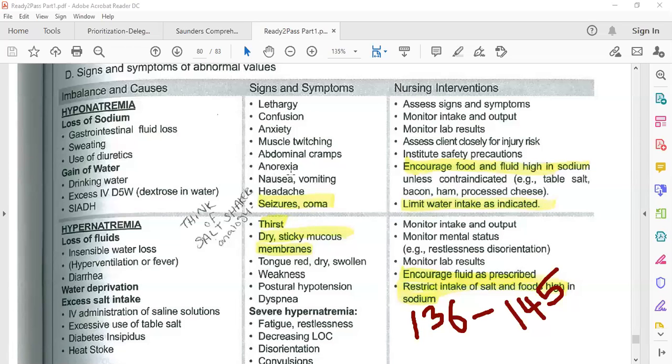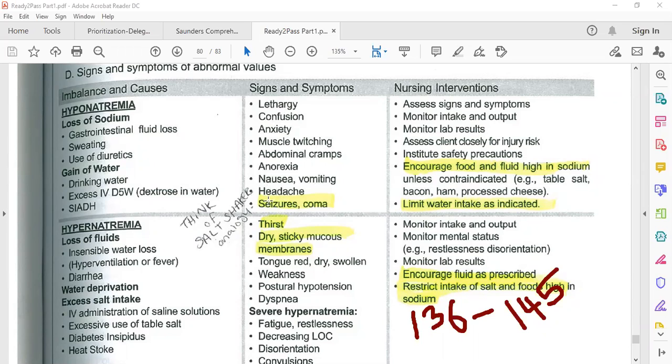The signs and symptoms of hyponatremia are lethargy, confusion, anxiety, muscle twitching or cramping, abdominal cramping, nausea, vomiting, anorexia, tachycardia, hypotension, fatigue, and finally seizure.